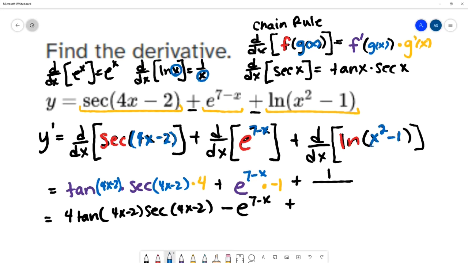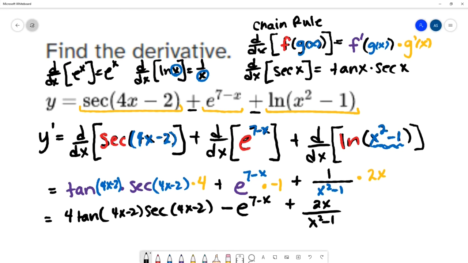For us, the x squared minus 1 is the inside. So x squared minus 1 goes in the denominator. That's our inside, staying the same. And then we chain by multiplying by the derivative of the inside. The derivative of x squared is 2x. The derivative of negative 1 is 0. And so we get 2x over x squared minus 1.